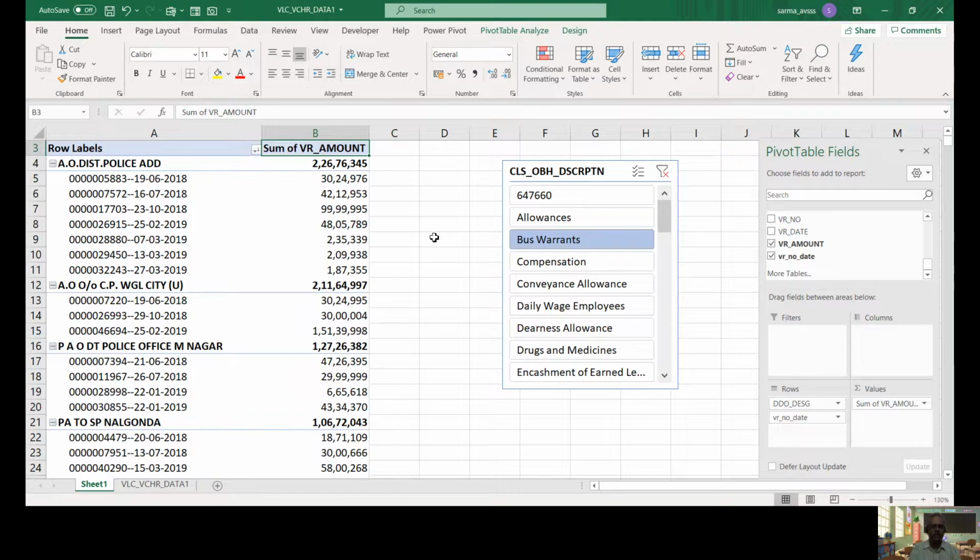Suppose when it was drawn on 19th June, definitely in the same month it is supposed to be remitted to the Road Transport Corporation, right? That way we can cross check whether the entire amounts are being remitted to the Road Transport Corporation or not. Here we know the DDO code and we know the voucher details and voucher amount also, right?